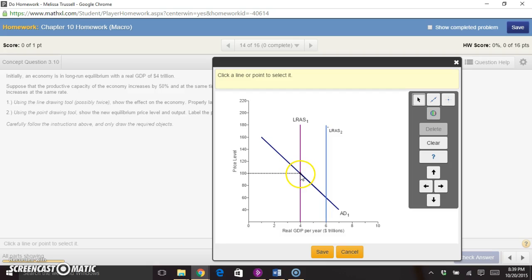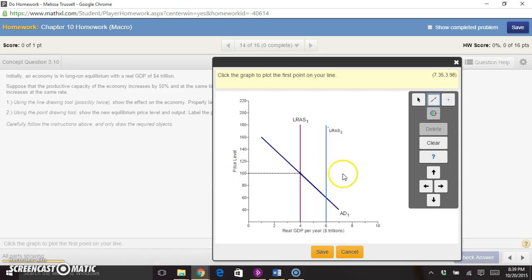If it increased at a different rate, then we would cross at a different price level here. But since the money supply increases at the same rate as the productive capacity, it means we're going to keep our same price level. So that's how we know where this line is going to be. So it's going to cross long-run aggregate supply again at 100.